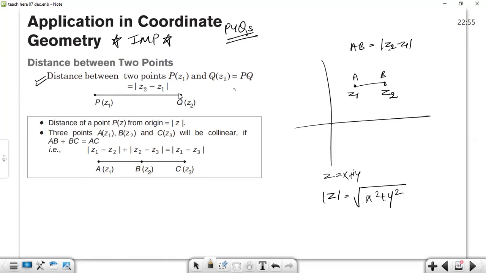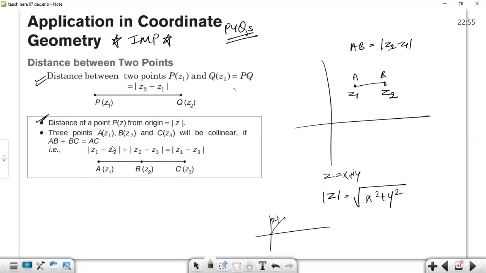Coming to the next point, the distance of a point from the origin is modulus of Z. We have already discussed that if there is any point x plus iota y, this particular distance is modulus of Z. 3 points A, B, C will be collinear if AB plus BC is equal to AC.